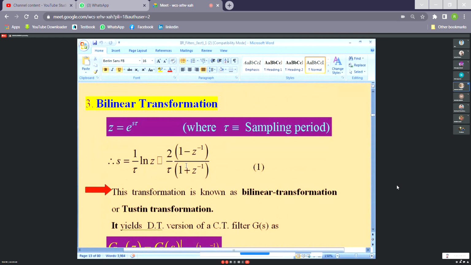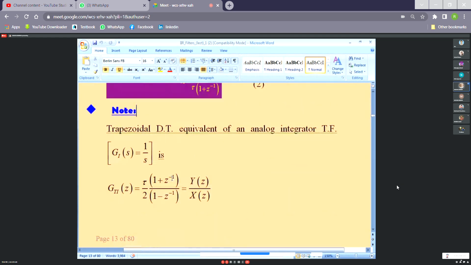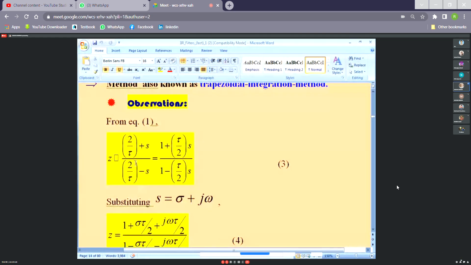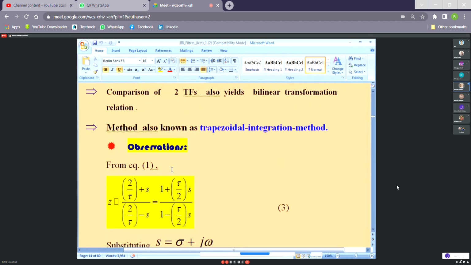From this equation, if you rearrange the terms, you will get an expression for Z. Again here, Z is approximately equal to (2 by tau plus S) divided by (2 by tau minus S), or it's equal to (1 plus tau by 2 into S) divided by (1 minus tau by 2 into S). Here, just substitute sigma plus j omega for S. Replace S with sigma plus j omega in equation 3.